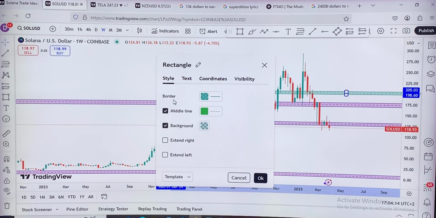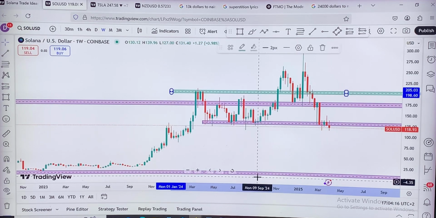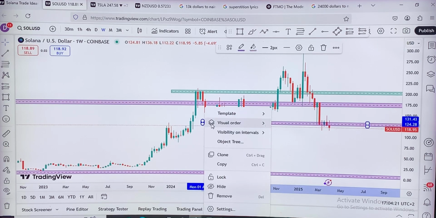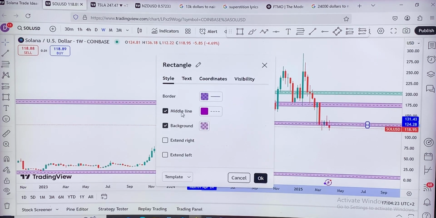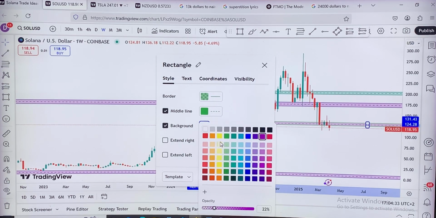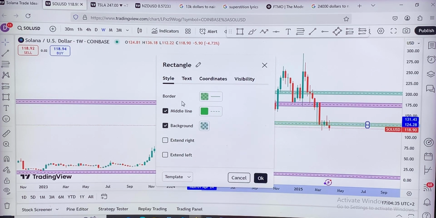So we change our monthly color to green so that we can differentiate our different time frames. All right, this is done.